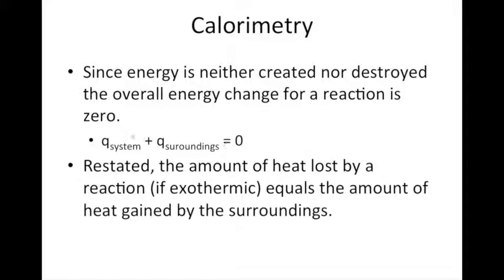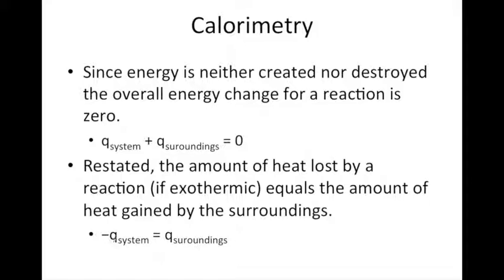Restated, if we rearrange this equation, the amount of heat that is lost by a reaction, so let's say a chemical reaction loses heat, we call that exothermic. The heat lost by a reaction must equal the amount of heat gained by the surroundings. So if we rearrange this a little bit, we get negative Q of the system is equal to positive Q of the surroundings.